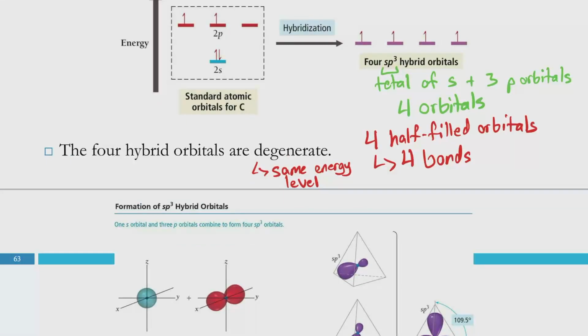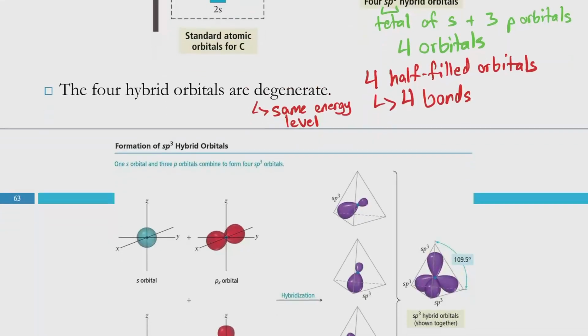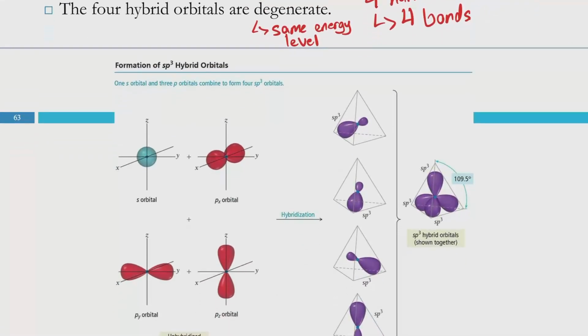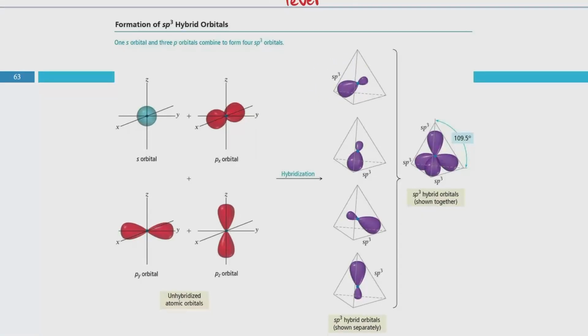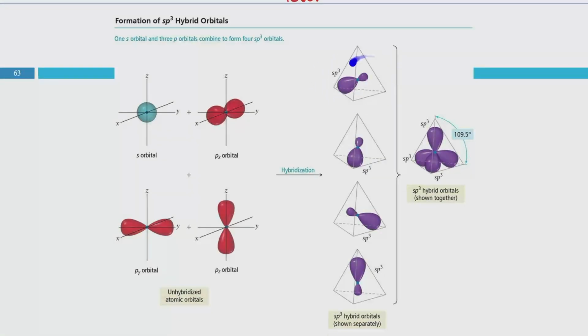And here's what they look like. So we blend our s with 3 p orbitals. Here's our s orbital, px, py, pz. They're along the x, in, out, y, left, right, z, up, down axes. We combine these together, and we get these fun sp3 hybrid orbitals. They're all equal in terms of energy, and they all kind of look like bowling pins. And they're spread out with 109.5 degree bond angles.